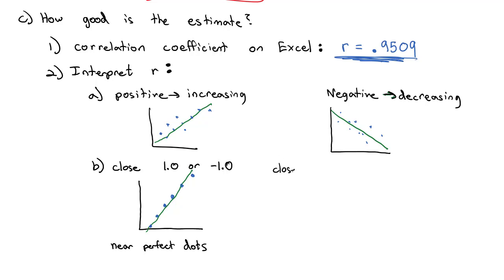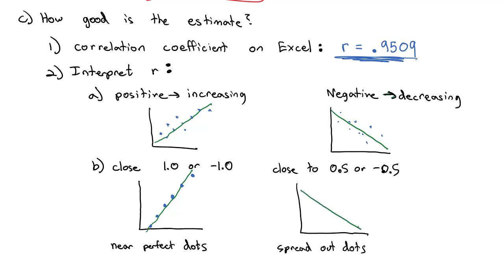Versus if it's close to 0.5 or negative 0.5, that is going to be a bit spread out. In other words, the line of best fit might go like this. That one's negative. But the dots are kind of far from it. They're still decreasing, but they're a lot more spread out.